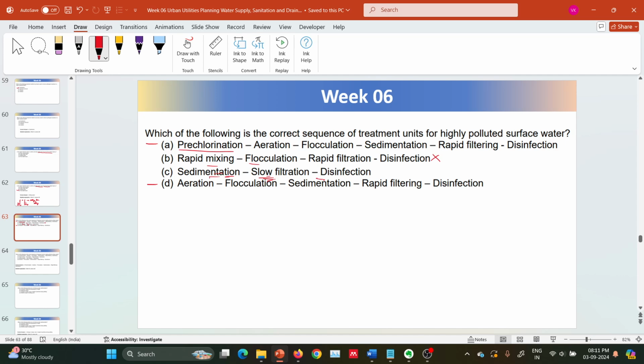Third, sedimentation, slow filtration, disinfection is not complete because we are providing it for highly polluted water. Very few units are provided. In rapid mixing, flocculation, the sedimentation tank should be provided. Otherwise, the filtration will be clogged. That's why B and C are incorrect.